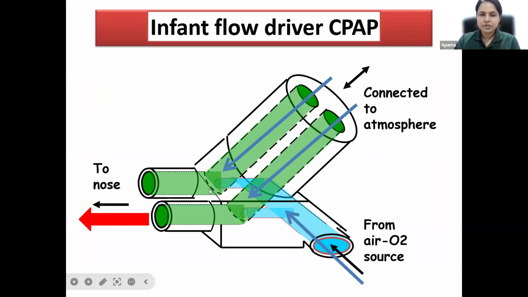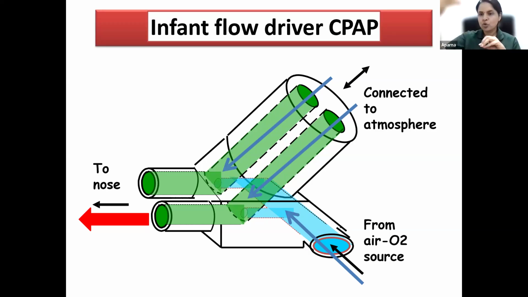So this is how it looks. On the left side, we have the patient, and we have two tubes, and one of them brings gas from the air oxygen source, which is the gas source. The other tube, which is connected to the atmosphere, during expiration allows some gas to flip back, fluidic flip back to the atmosphere. And during inspiration, because the patient is inhaling, this creates a negative pressure in this interface.